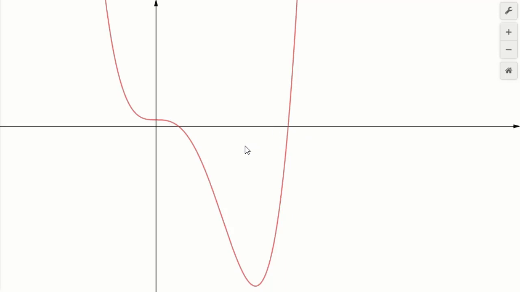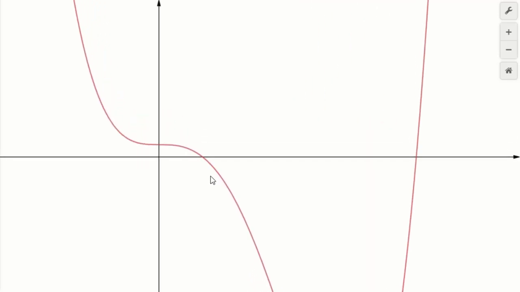So there should be two values. My aim here is to approximate this lower value of the solution. When we set this function equal to 0, we're going to have two solutions. Let's focus on approximating that value.